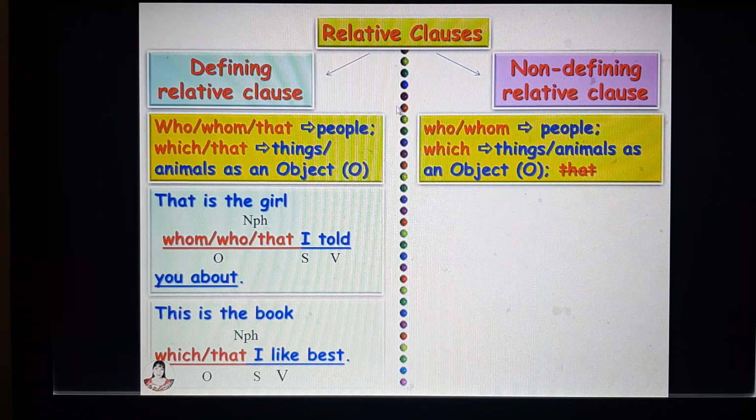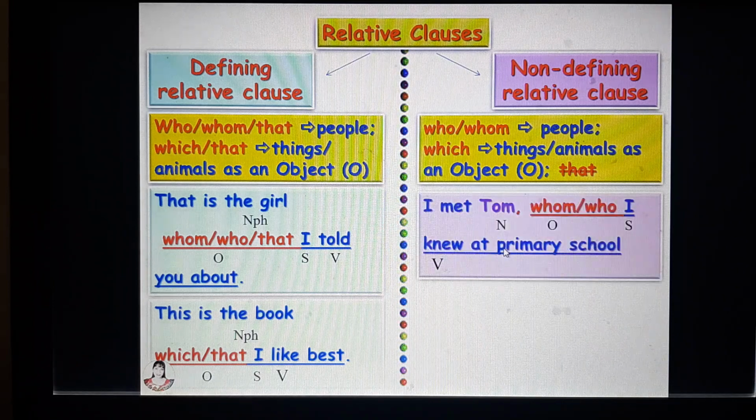Now compare. We use who, whom for people, and which for things or animals as an object in non-defining relative clauses. We don't use that. You see, who, whom, that, but in non-defining clauses only who, whom; which, that, but only which.